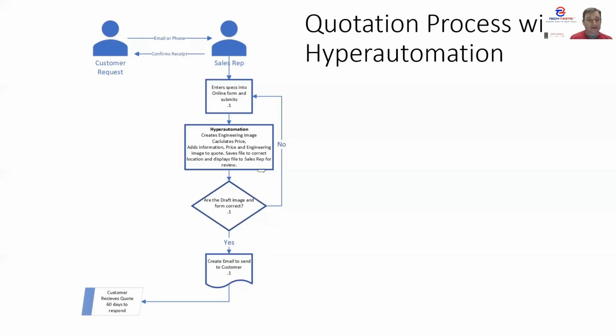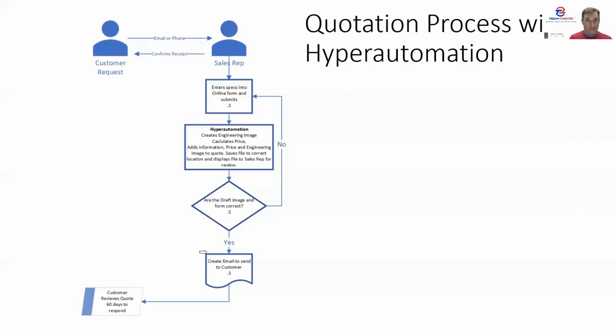So the sales rep then has the opportunity to check: is the draft image and the form all correct? Does it look right? Does the quotation form look right? If yes, because this client of ours wanted to make sure they still had that human touch, they didn't want this to just automatically send out to the customer.